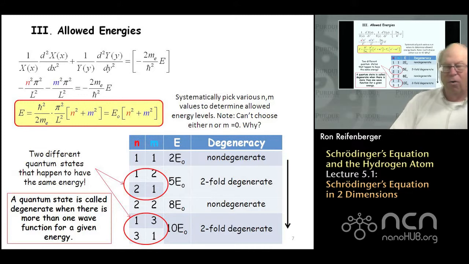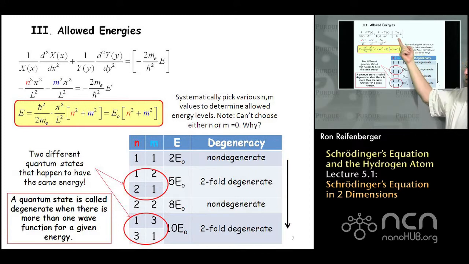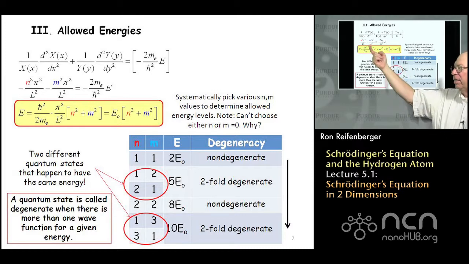With this form of the wave function, it's then possible to go back and evaluate what the eigenenergies are. That just comes about by taking the second derivative with respect to x and the second derivative with respect to y of that wave function that we wrote down on the previous slide. When you do that, you get the argument of the sine function squared coming through.